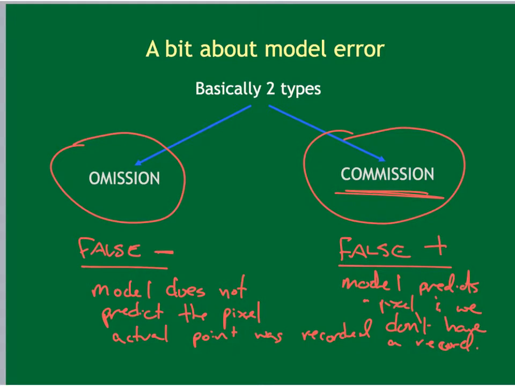Now, in the realm of modeling geography or predicting geographic distributions, omission is an important model error because we know the model has failed to predict actual data. Commission, on the other hand, is a little more difficult to interpret because we're trying to predict pixels where we don't know that the species has been recorded.